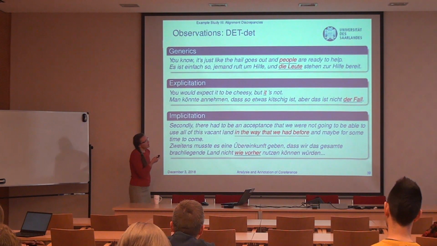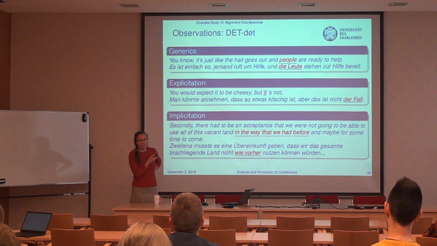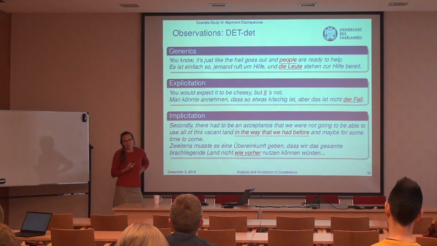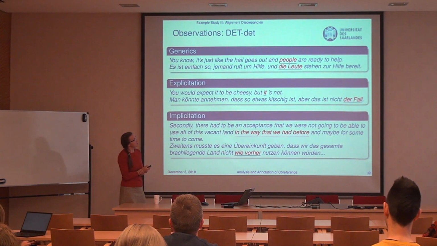Yeah, and in German, if you have a plural, die Leute, you could also say just Leute without a definite article, but it doesn't sound as beautiful as using it with a definite article.